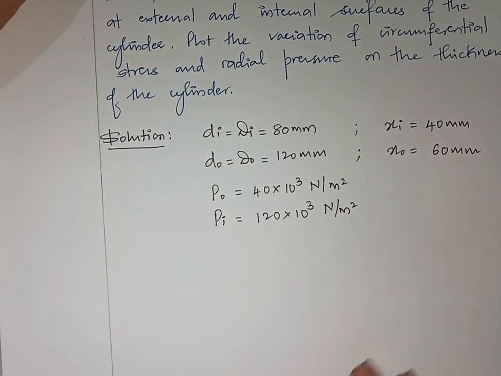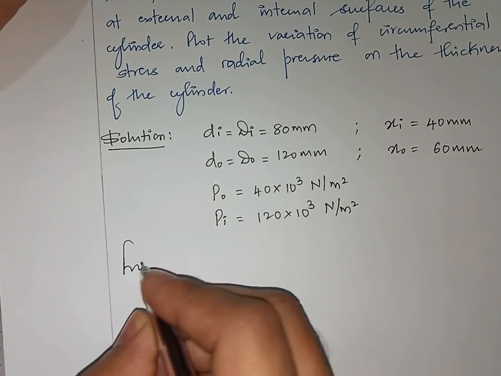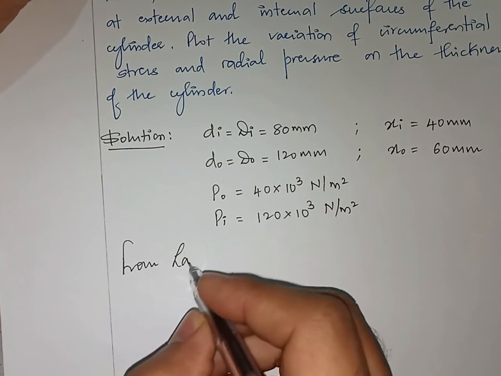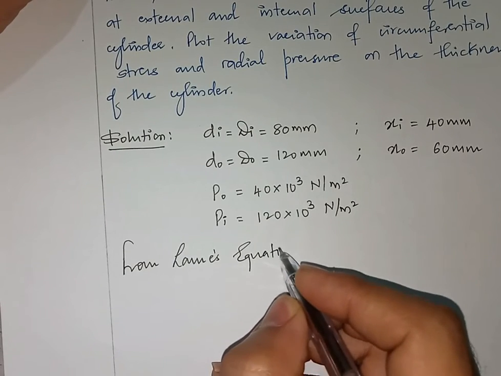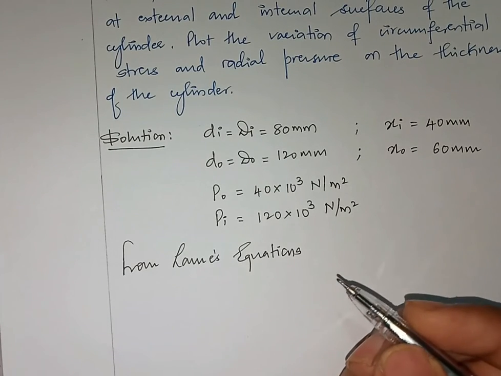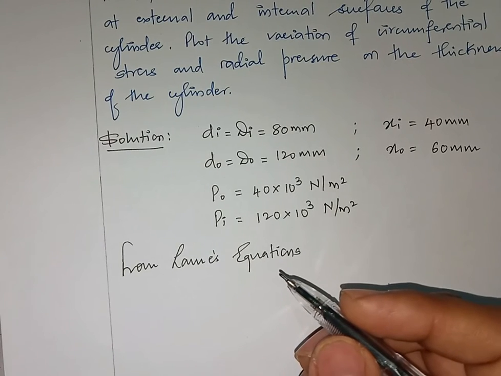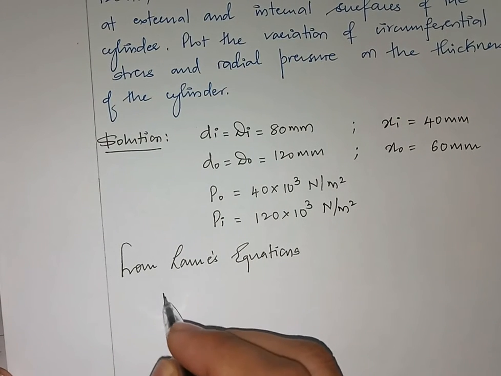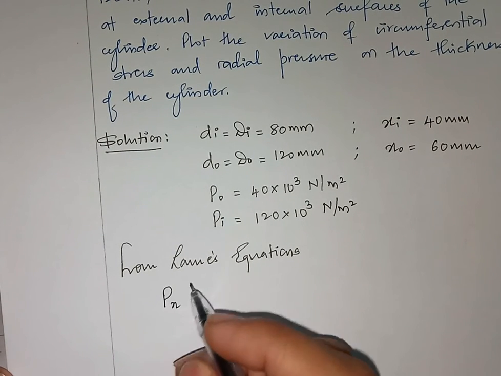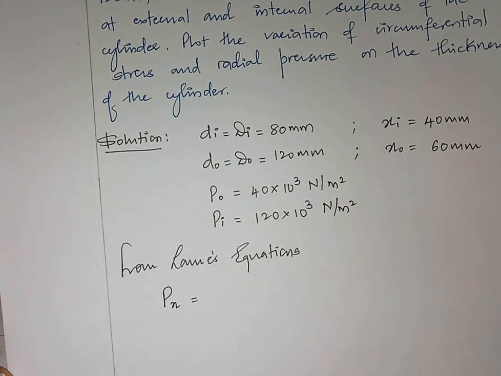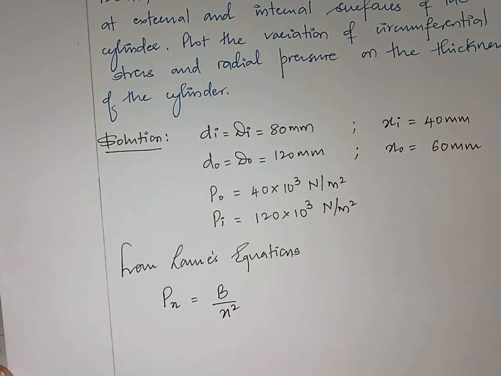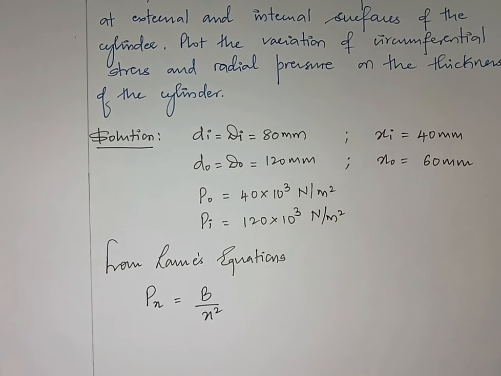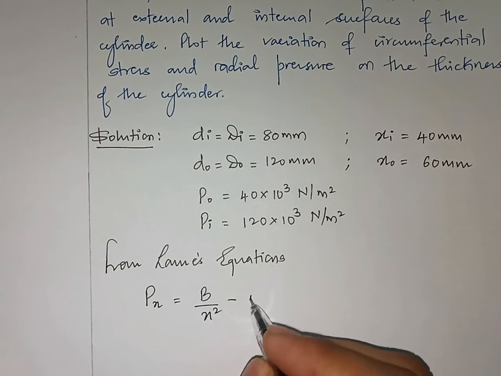From Lamè's equations, you need to write the Lamè's equation first. So Lamè's equation gives us the value of pressure at a distance of x from the center. So it is Px equals b divided by x square, minus a.